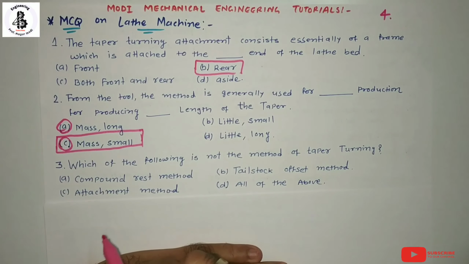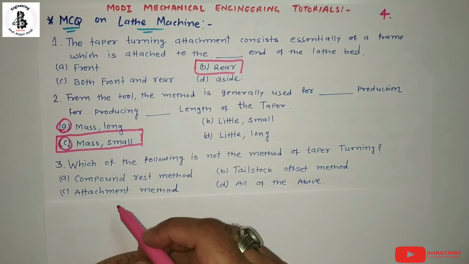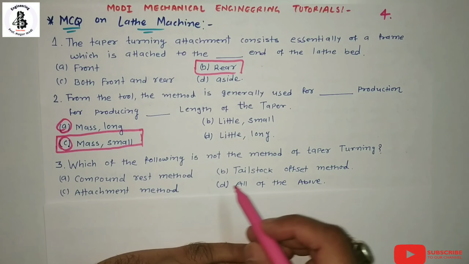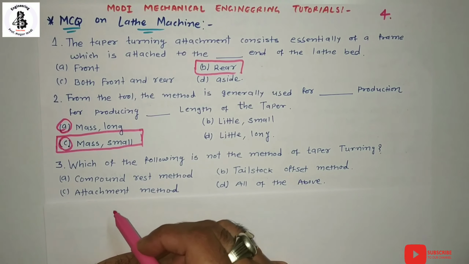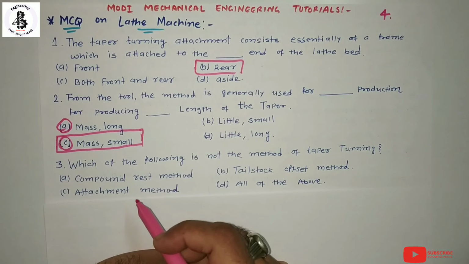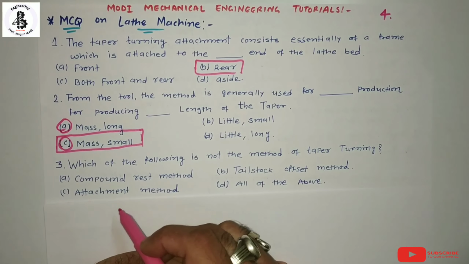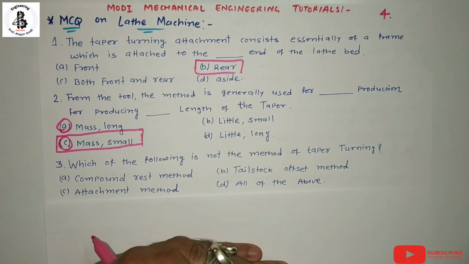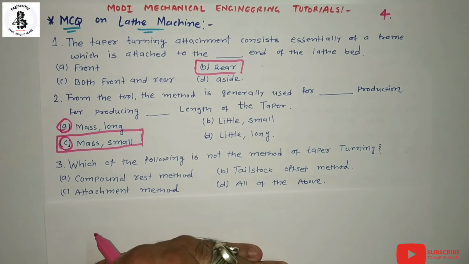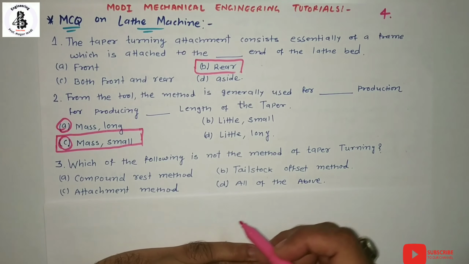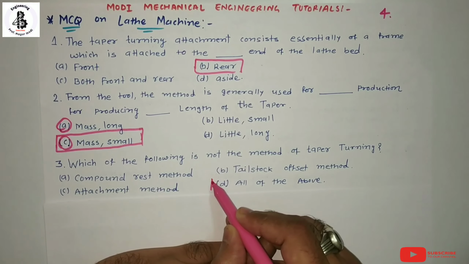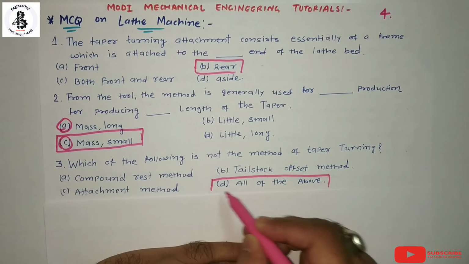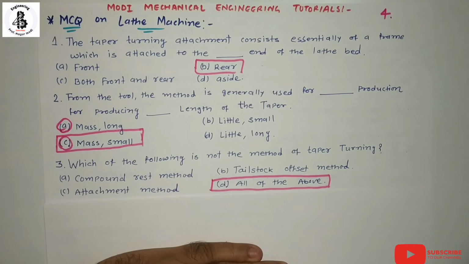For taper turning operations, the compound rest method is used, the tailstock offset method is also used, and the attachment method is also used. So all the options A, B and C are methods of taper turning. According to this question, the answer is D, all of the above. Then next question.